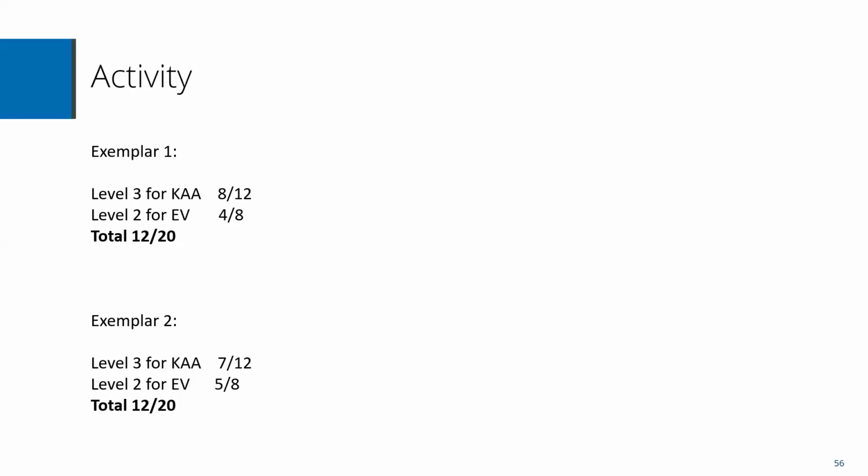The way these are marked, there's been a couple of questions about, well, what if the analysis is no good, but they've done well with knowledge and application? What if they've done application, but they haven't done analysis? What if their analysis is good, but it's only generic, they haven't got application? It's the same answer. It's holistically marked. The examiner will look at knowledge, application and analysis and find a best fit to the level descriptor tables.